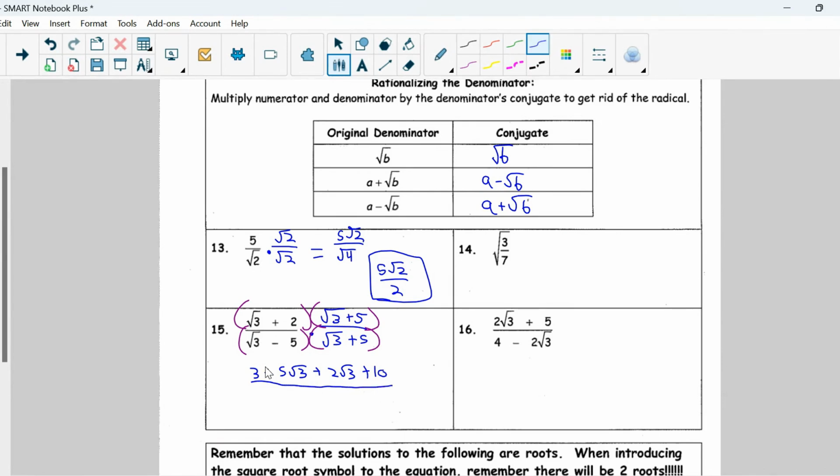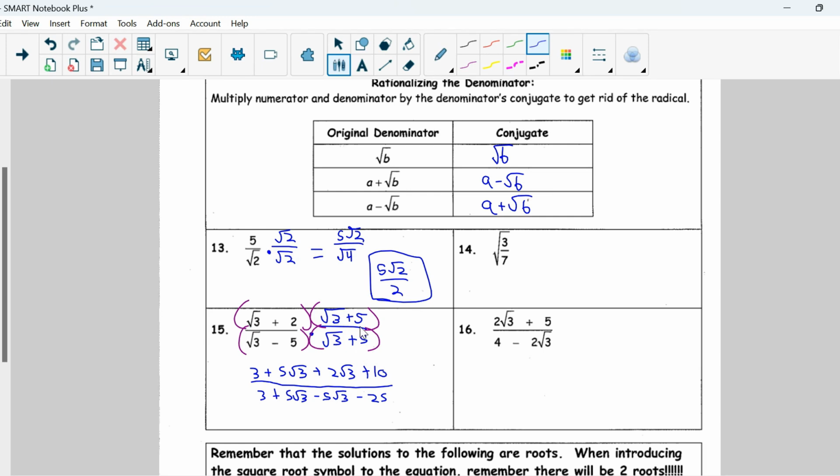All over square root of 3 times square root of 3, which is just 3. Square root of 3 times 5, which is 5 square roots of 3. Negative 5 times square roots of 3 gives me negative 5 square roots of 3. Negative 5 times positive 5 gives me negative 25.